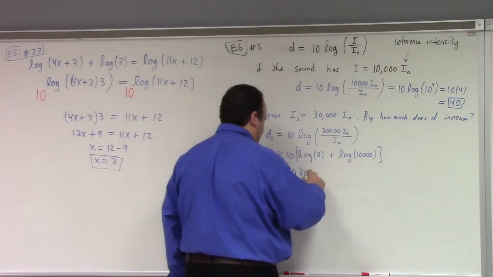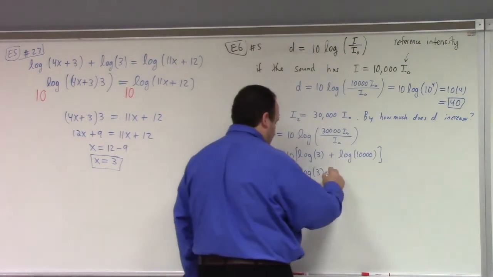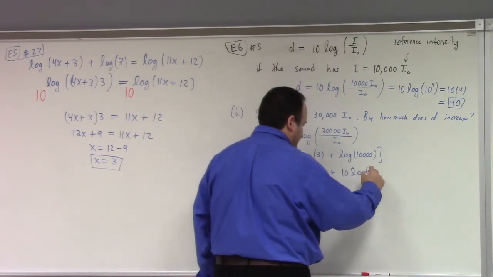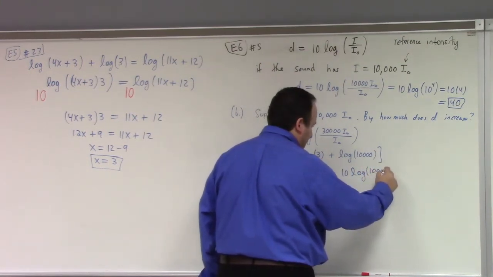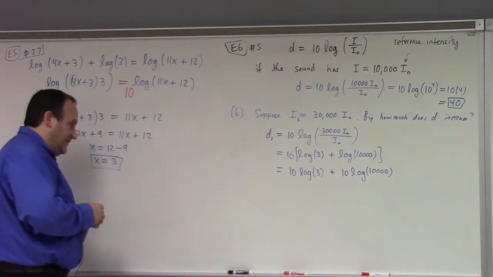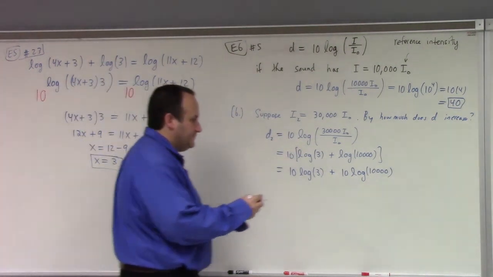I'm just trying to get a little bit more mileage out of this problem in terms of exploring log properties. But notice that we've got 10 times the log of 10,000 here. We already worked that number out in part A, right? And so 10 times log of 10,000, that's 40 from the previous part of the problem. This is the 40 that we already had.